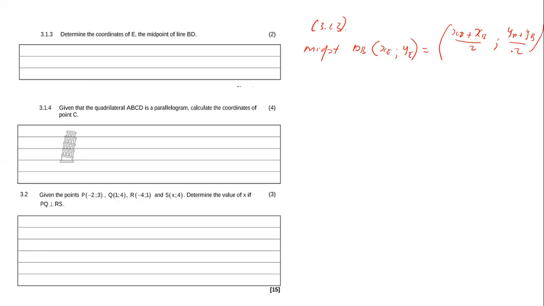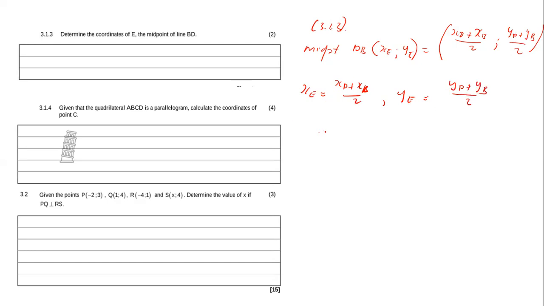I made a mistake there. Now we equate x's to x's, y's to y's. So that means x of E will be equals to x of D plus x of B divided by 2. And then y of E will be equals to y of D plus y of B divided by 2.